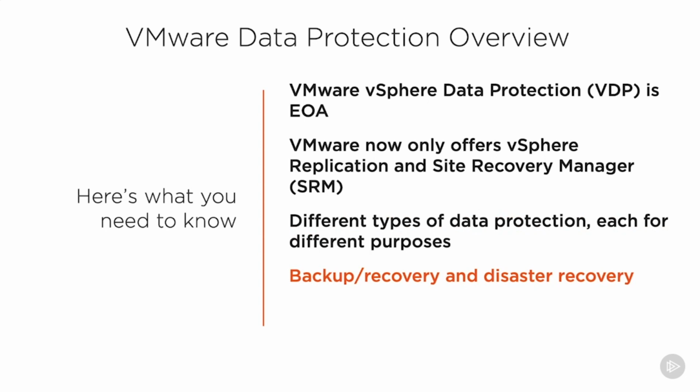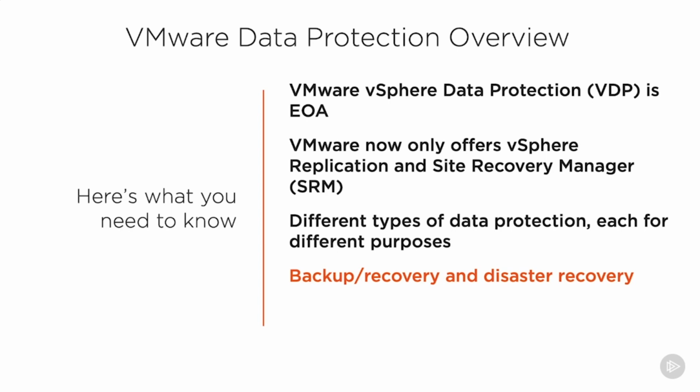You have backup and recovery, which is typically used to recover virtual machines or individual files or applications from virtual machines, either at an on-premises data center from the local backup repository, or it could be used for disaster recovery, but typically it's not a very rapid form of disaster recovery.